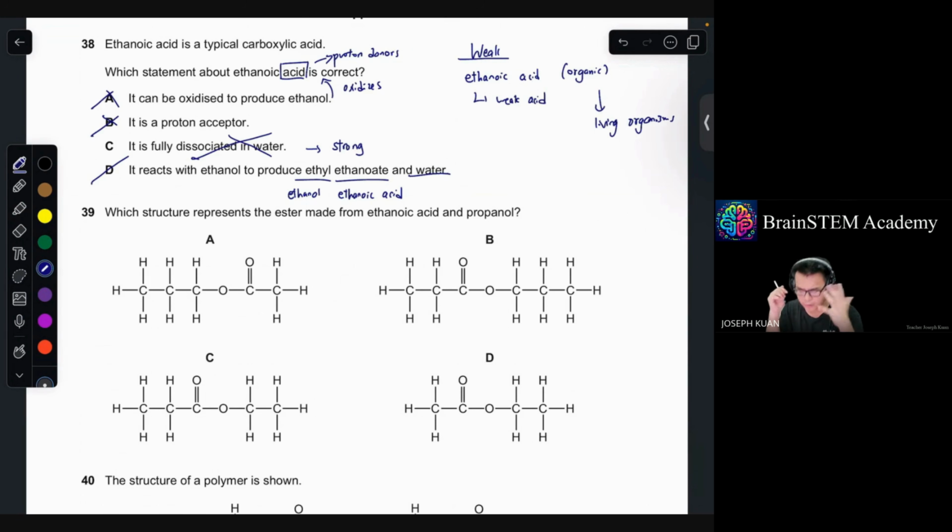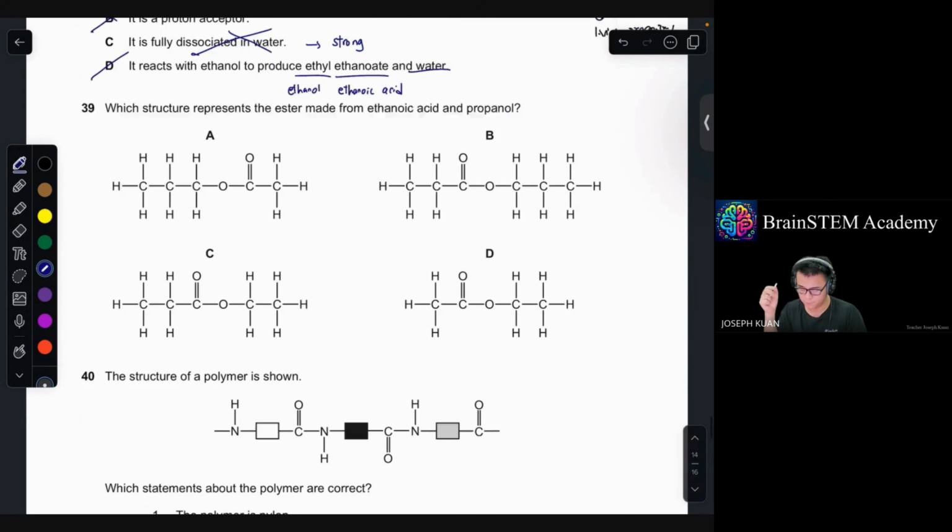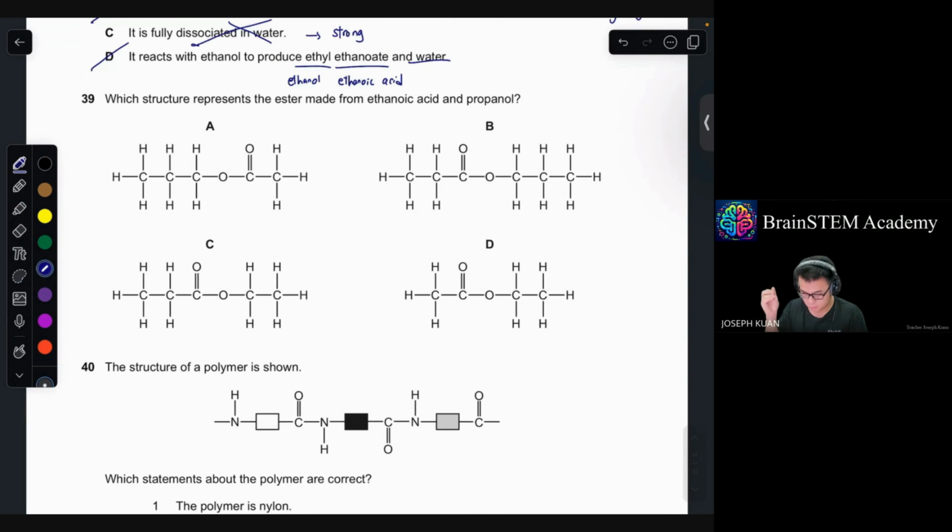All right, so question 39. Which structure represents the ester made from ethanoic acid and propanol? Ethanoic acid is not a hydrocarbon, but it is an organic molecule characterized by two carbons and a COOH group.